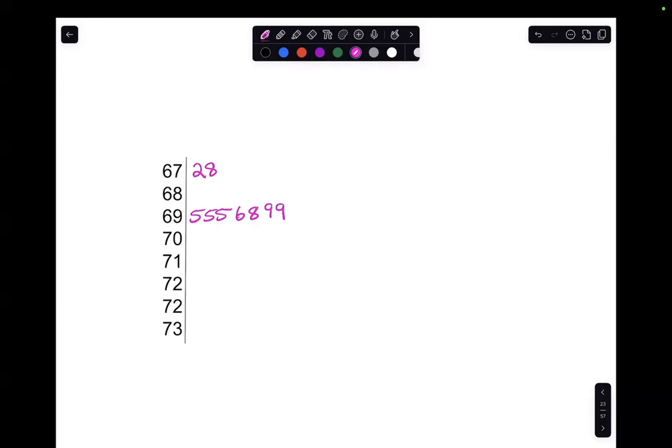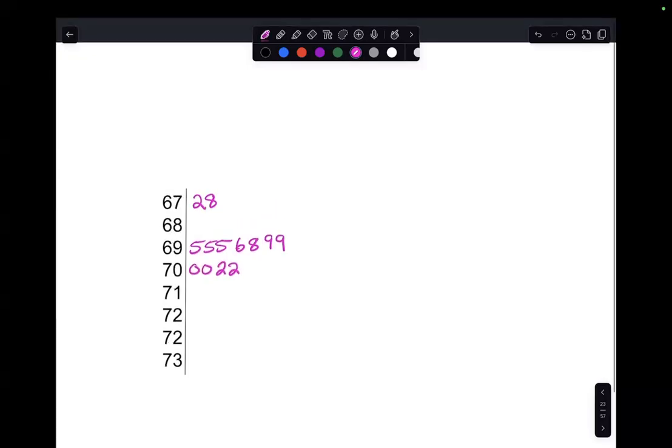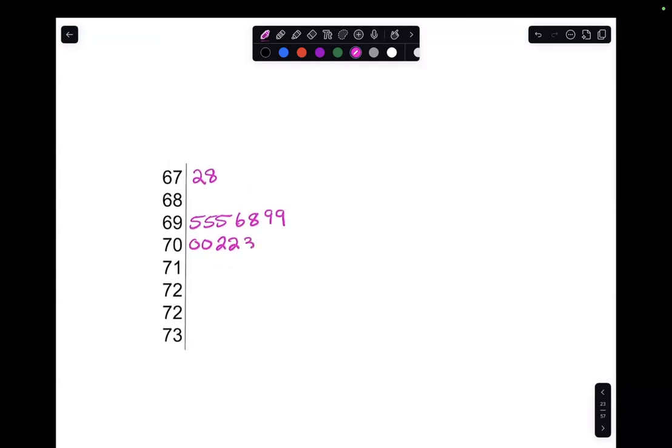For 700s, I have two 700s, two 702s, whoa, 703s, 706, 708, 709. I'm just going to put these ones here. As I said with the 720s, I'm splitting them up.